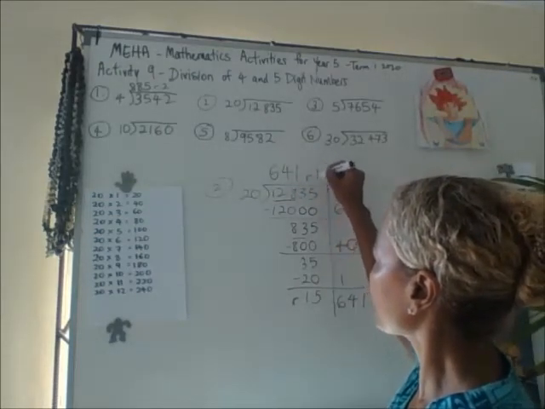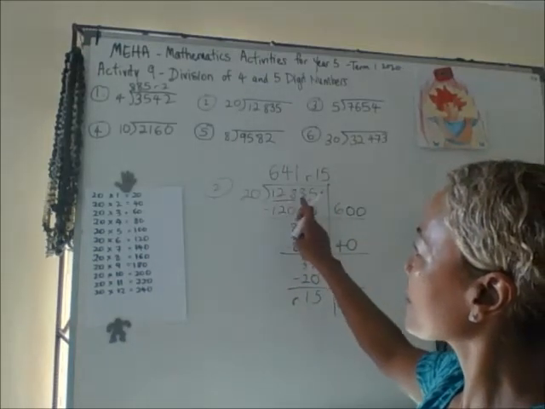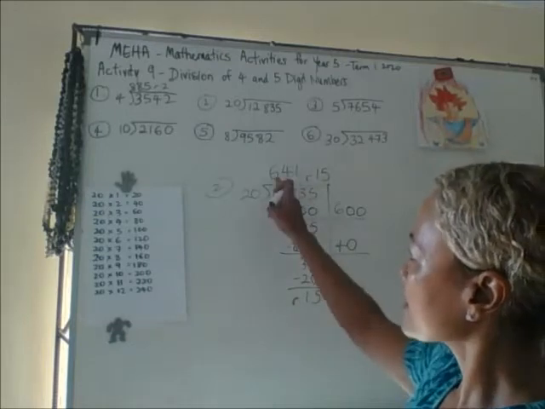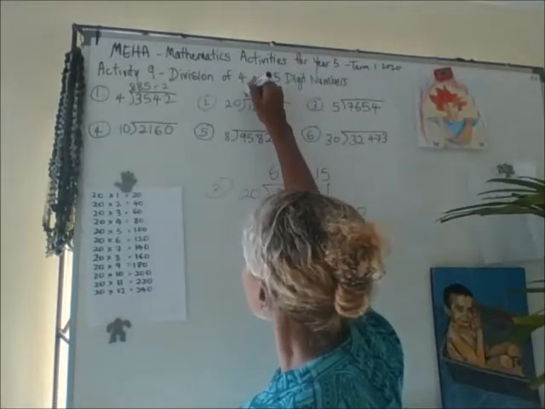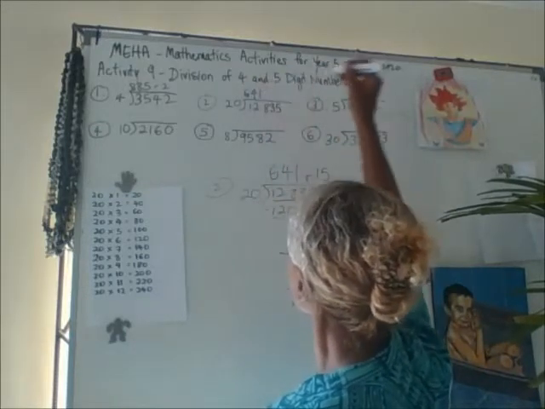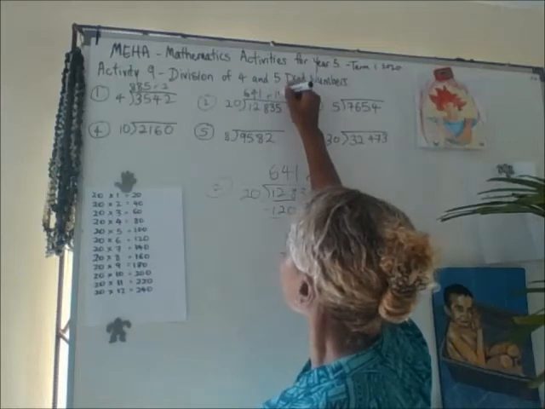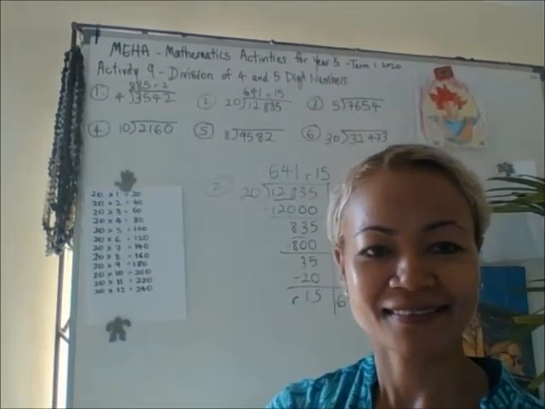I'll write the answer up here. 641, remainder 15. And that's the second one.